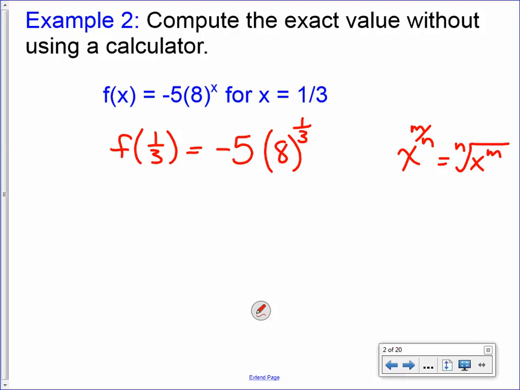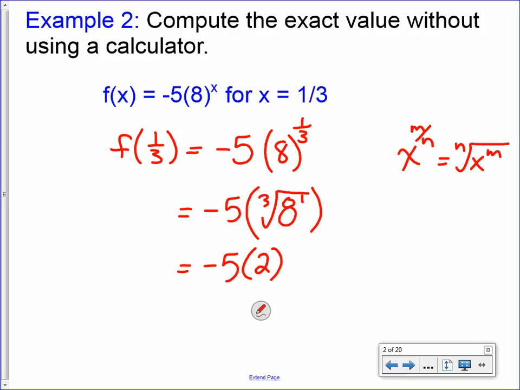So this would become negative 5 times the cube root of 8 to the first power, which essentially is just the cube root of 8. The cube root of 8 is 2 because 2 times 2 times 2 is equal to 8. And then we'll multiply and get negative 10.